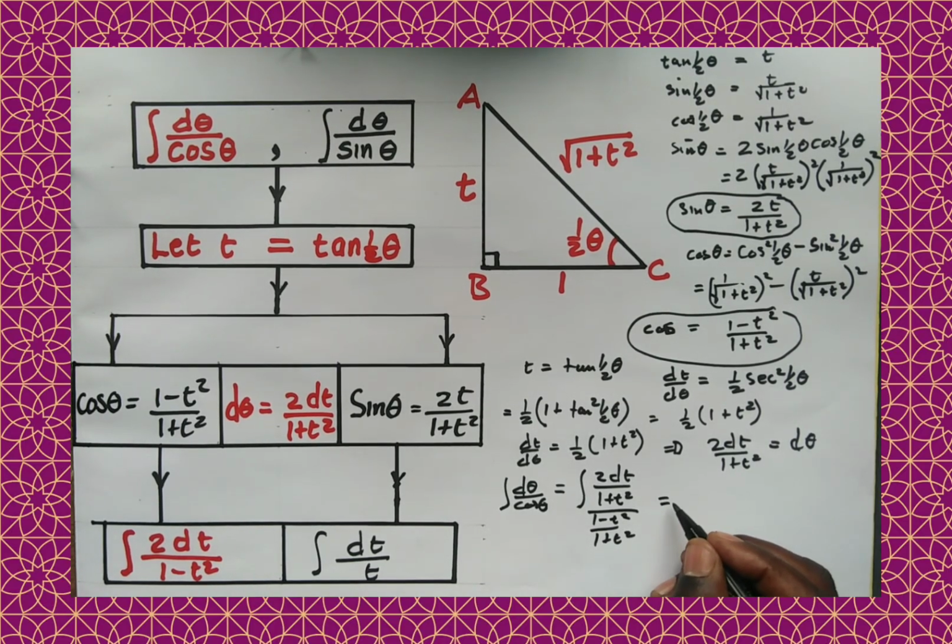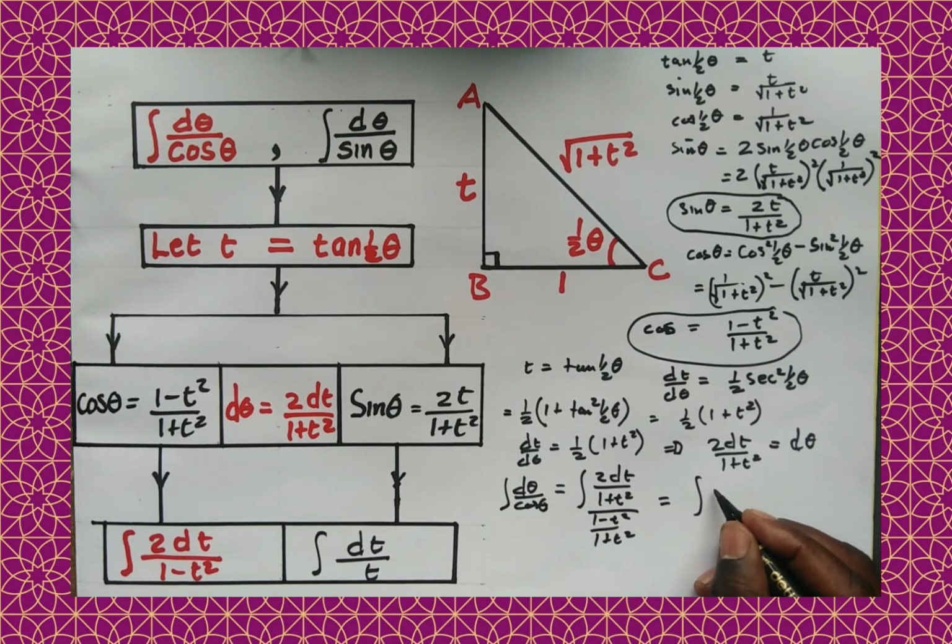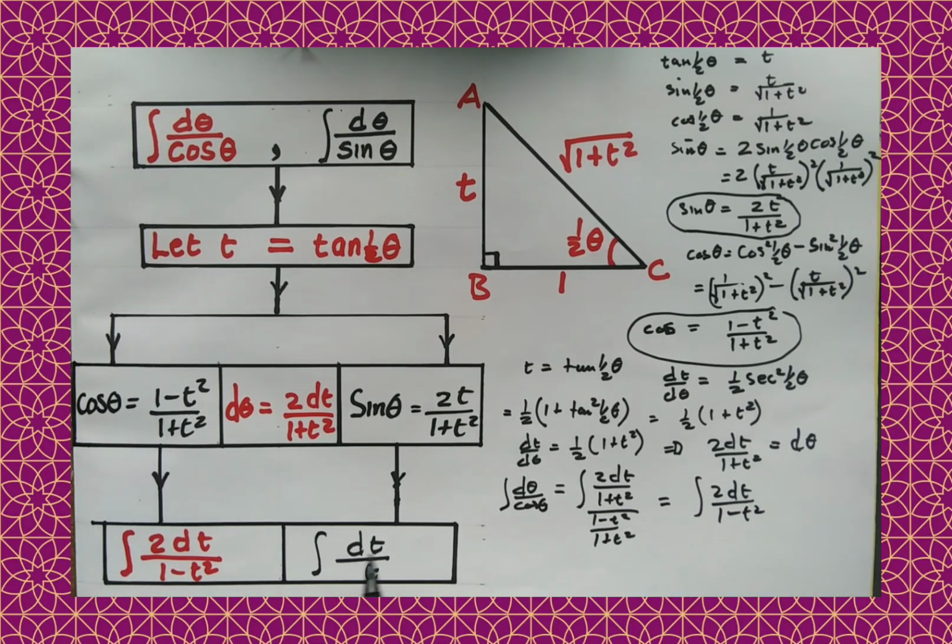This just simplifies to the integral of 2 dt over 1 minus t squared. You can do the algebra there. It's just a matter of turning this thing upside down.